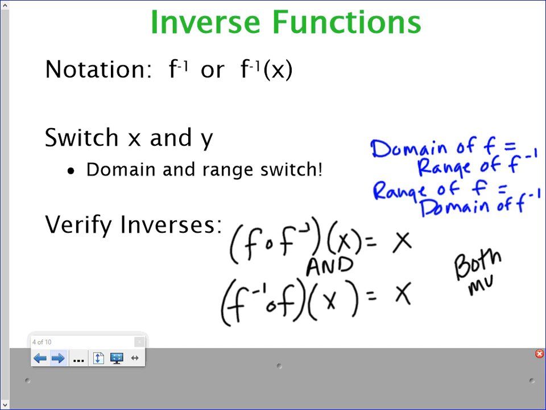Both must be true. So to verify inverses, you basically do compositions, because inverses are working backwards and you had switched x and y and solved for y, you're going to undo all the operations in the other function and you're just going to be left with x. Okay, so that's how you can verify given two equations whether or not they're actually inverses.